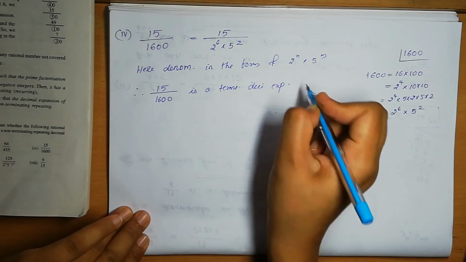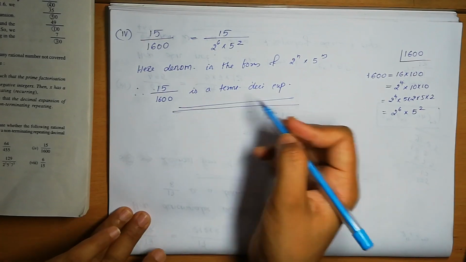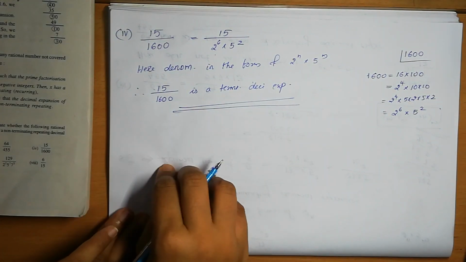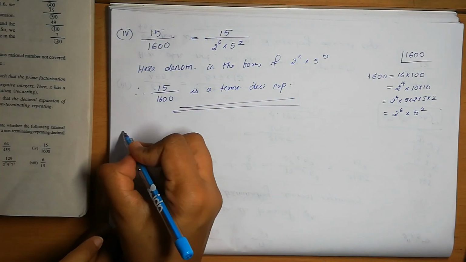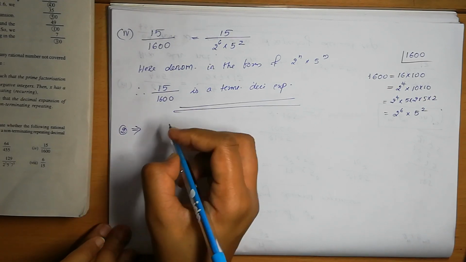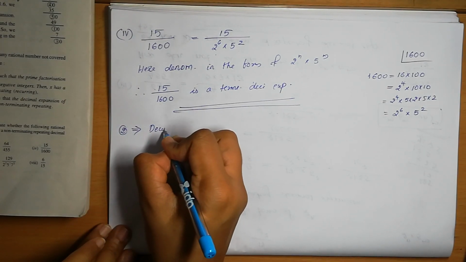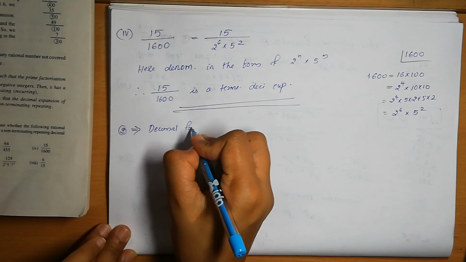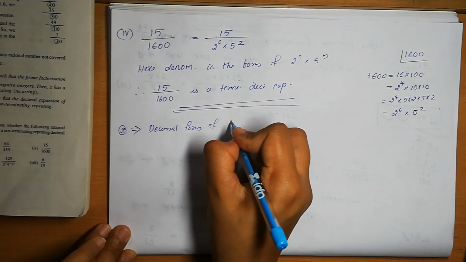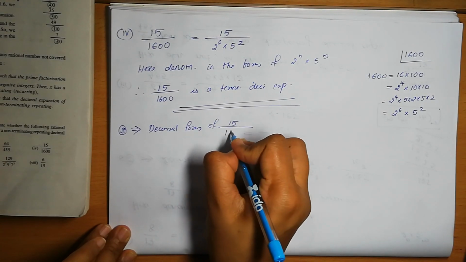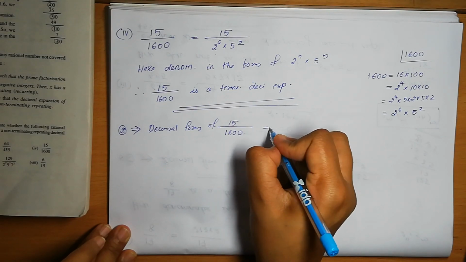Terminating decimal expansion. Then question 2. If it is terminating, we need to write the decimal form. By question 2, the decimal form of 15 by 1600.